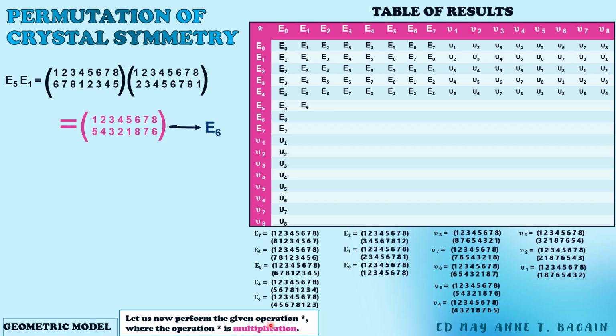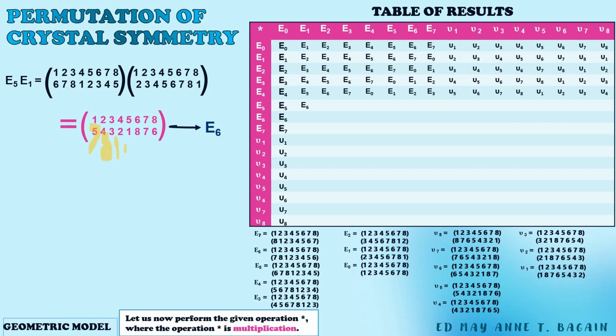So the correct answer should be, as we can see, we have the 1, 2. So we'll be looking at the 2, so it should be 7. 7. We'll be looking at 3. 3 is 8. And then 3, 4, it would be 1.